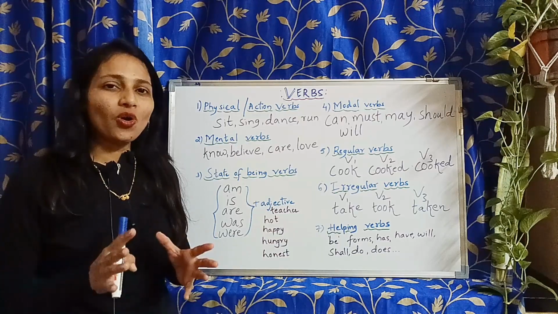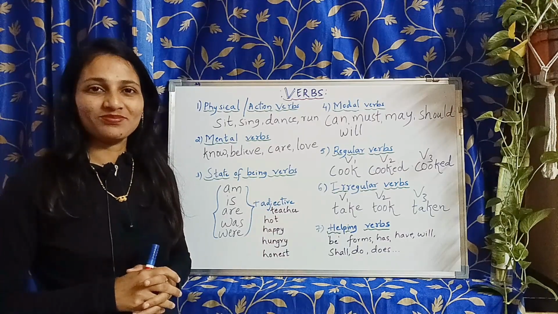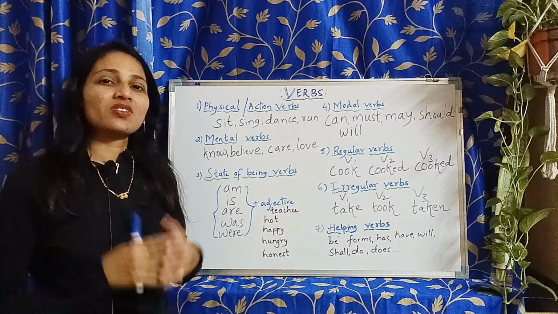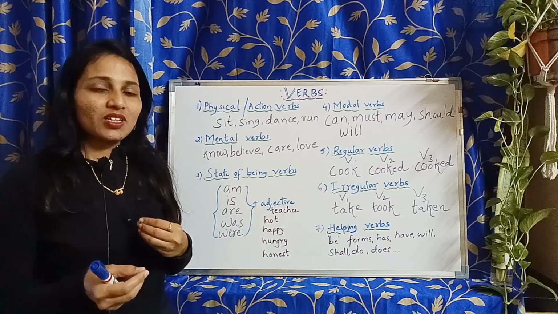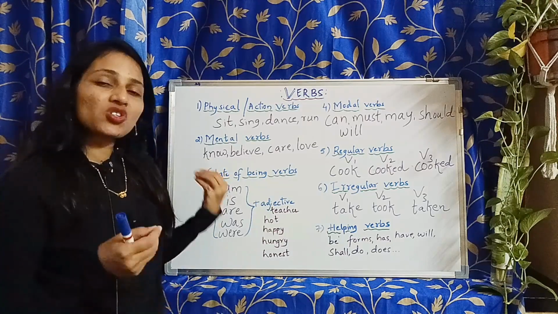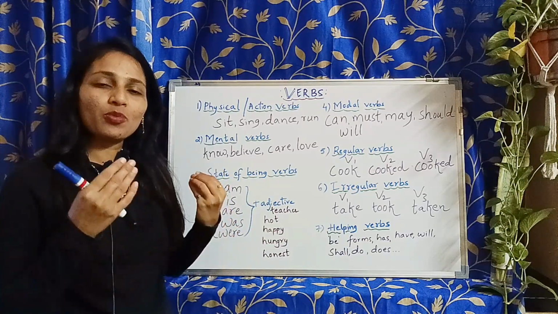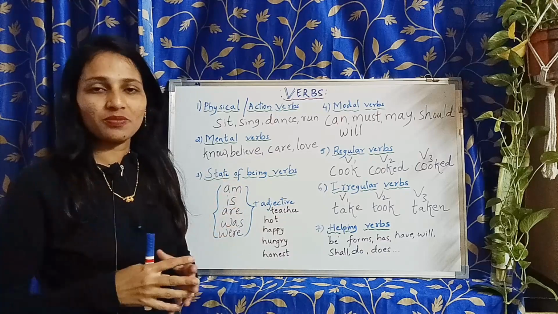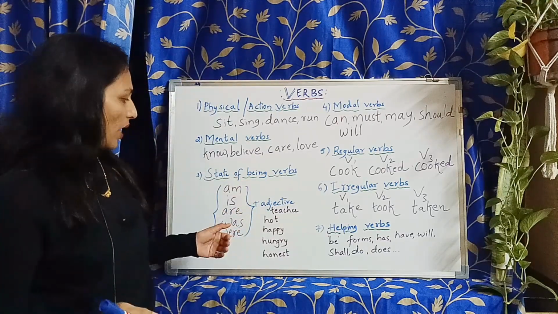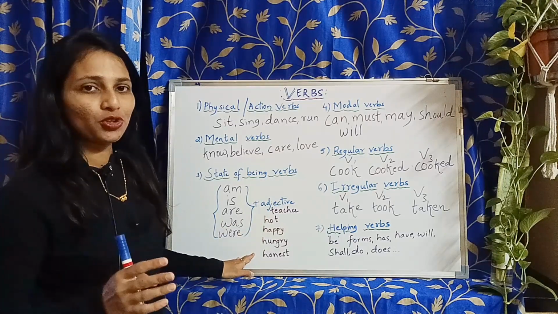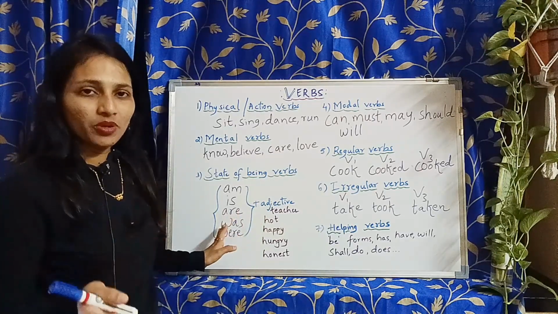The water is cold. She was sad. These talk about the state of the noun or pronoun in the sentence. Usually, when you're talking of state of being, you add adjectives after the verb.